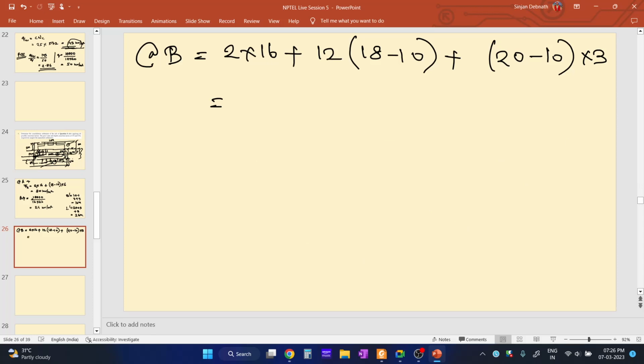This is the effective overburden pressure at point B. If you calculate this, you will get the effective overburden pressure at point B. Let me denote it as PB. If you calculate this, you will get PB to be 158 kilonewton per meter square.